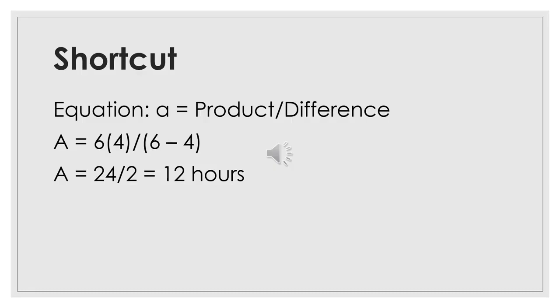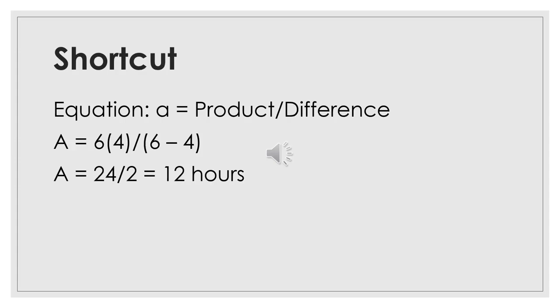I prefer to use the variable A. Now the equation would have the form A is equal to the product of Meg's time and the time if Megs and Adeline work together, over the difference of Meg's time and the time if they work together.